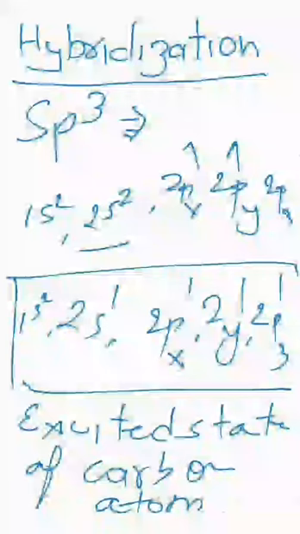If this configuration is really involved in the bonding procedure, then in the alkane we will have bonds of different properties, because one bond is formed with the overlapping of the s orbital and three bonds are formed with the overlapping of p orbitals.